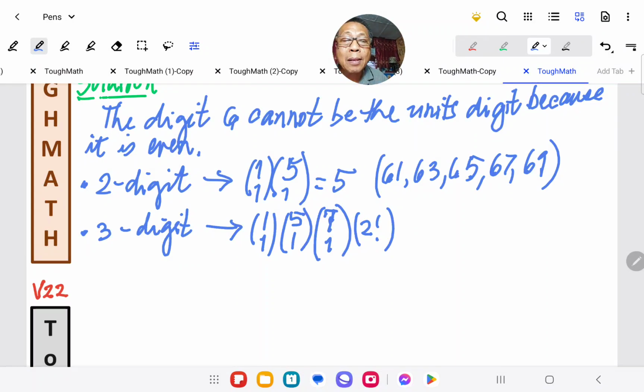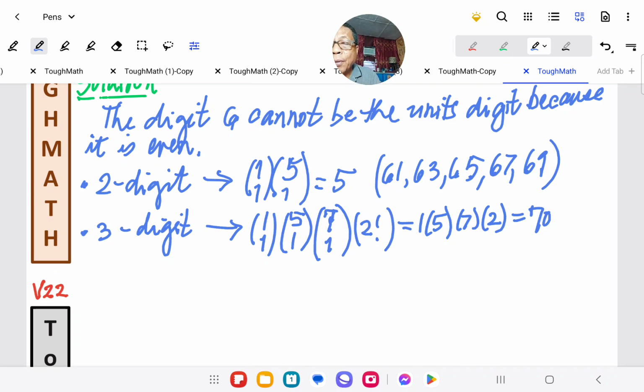And this gives us 1 times 5 times 7 times 2, which is equal to 70 such numbers. So there are 70 3-digit numbers, one of whose digits is 6.